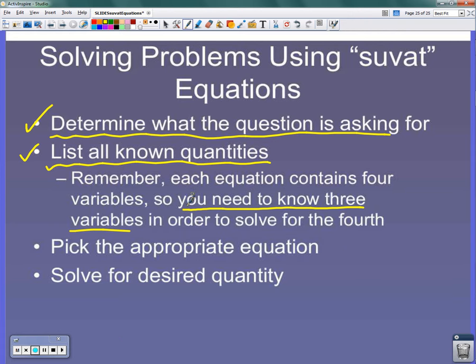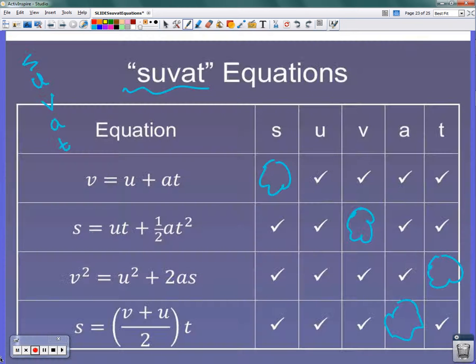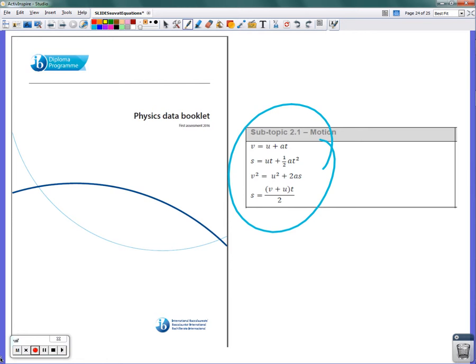Once you have identified what you're looking for and what you have to work with, it's a matter of going to this chart or going to this set of equations and picking the appropriate equation. If we don't know, for instance, right, let's say we don't know the final velocity, but we do know the initial velocity, and we know the acceleration, and we know the time over which that motion occurs, right?